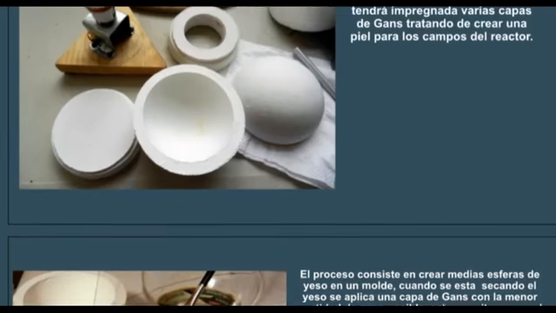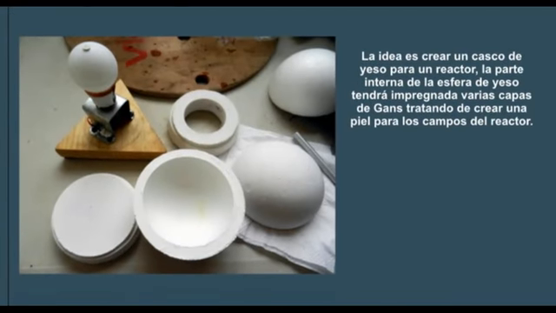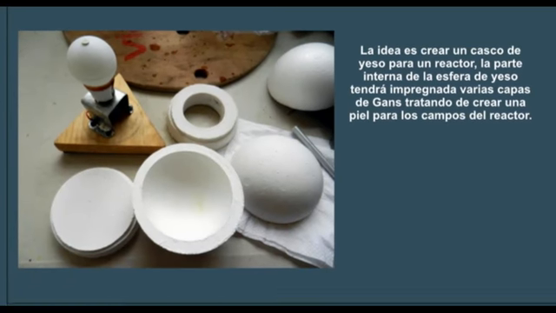Bueno, lo que estoy tratando de hacer con estas campanas de yeso es crear, digamos, una media esfera que emule el cráneo de la cabeza del ser humano. Con esta intención lo que quiero es replicar la cabeza humana y que esta media esfera sea como una forma de rebotar los campos de cómo funciona la cabeza con el cerebro y el hueso.